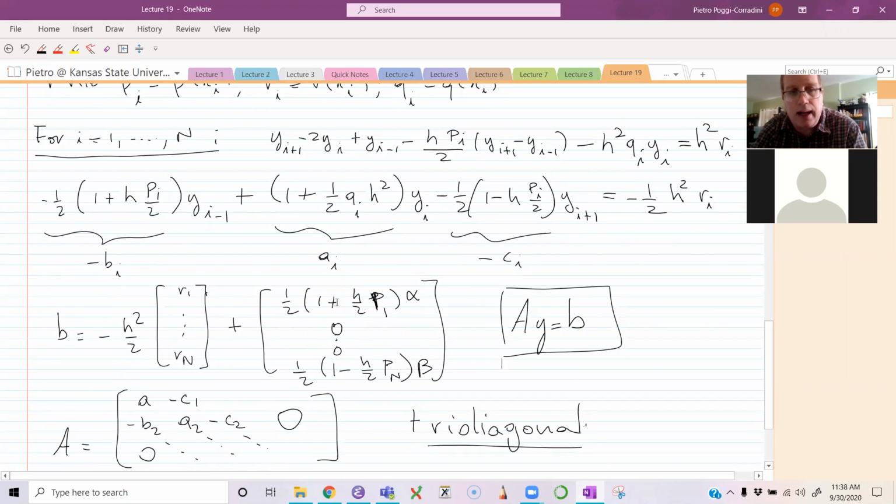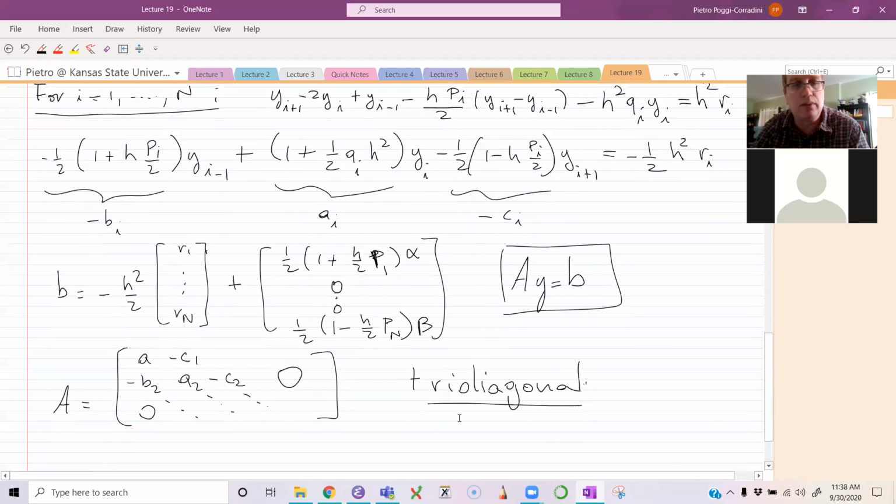But for i equal 1 and i equal n, it will have an extra term coming from the alpha or the beta. And then the coefficients are going to be tridiagonal like this. Most of the time you have 3 coefficients, the rest are 0. For the first row and the last row, you only have 2 coefficients. That makes sense?